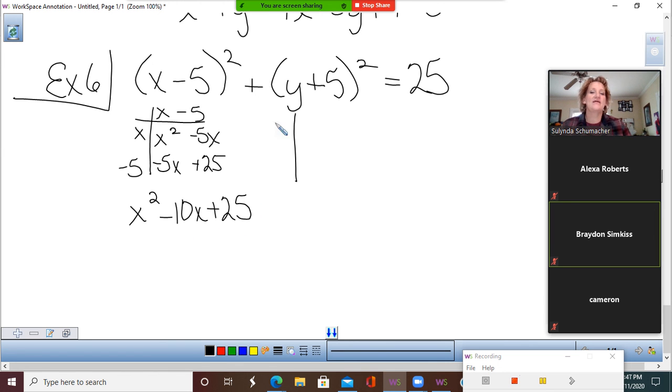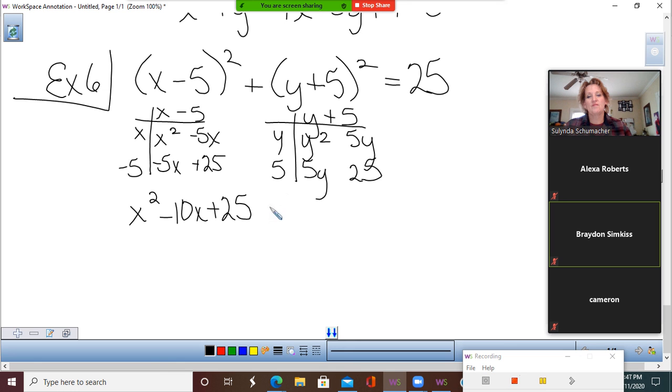This box, I have y plus 5 times y plus 5. y times y is y squared. y times 5 is 5y. y times 5 is 5y. 5 times 5 is 25. So I have plus y squared plus 10y plus 25 equals 25.